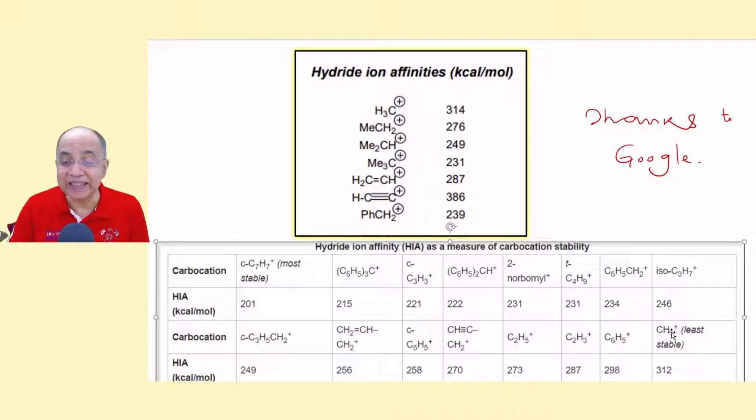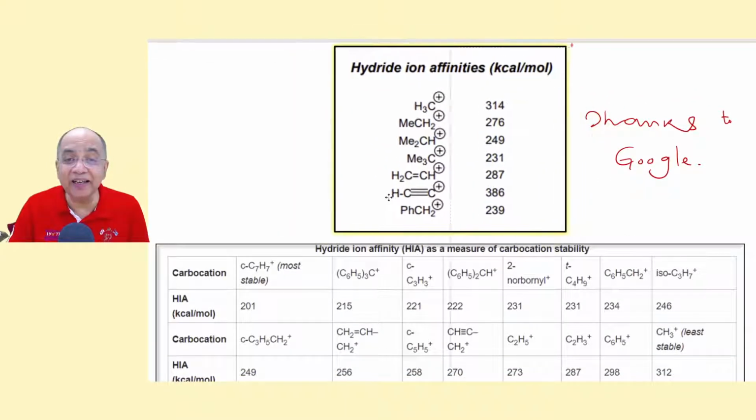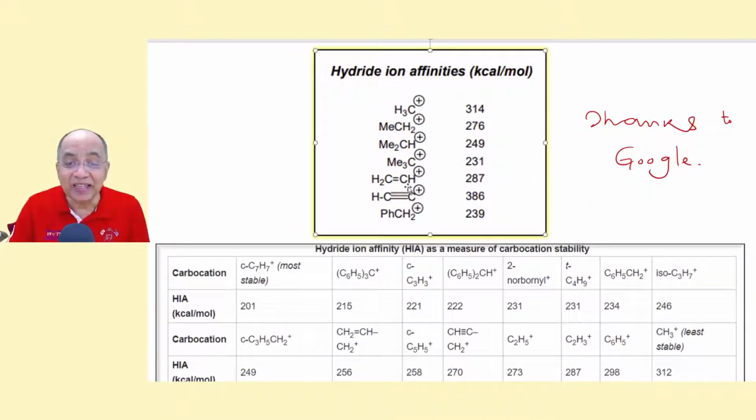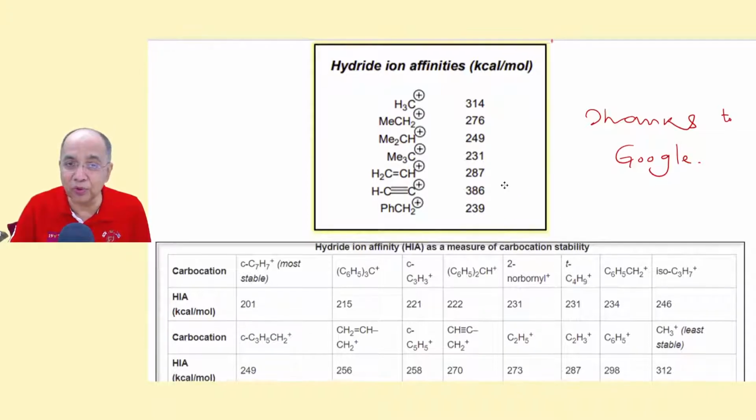Finally, this is methyl carbocation, but below methyl comes this one. Remember, this is ethanyl. See, vinyl is 287, methyl is 314, and ethanyl, which is coming below methyl, is 386 kilocalories per mole.